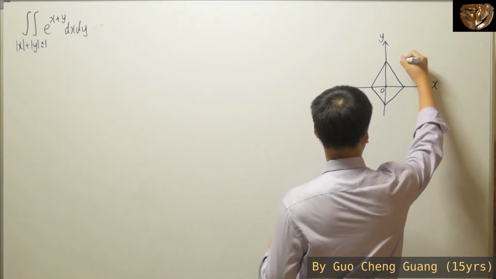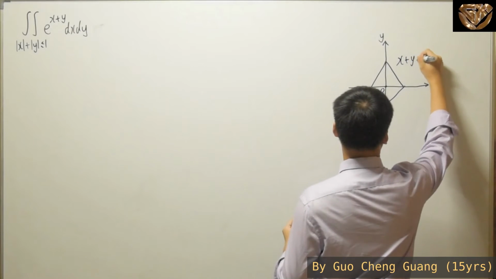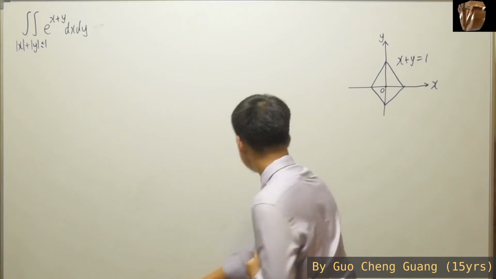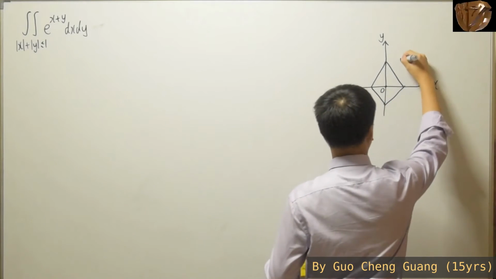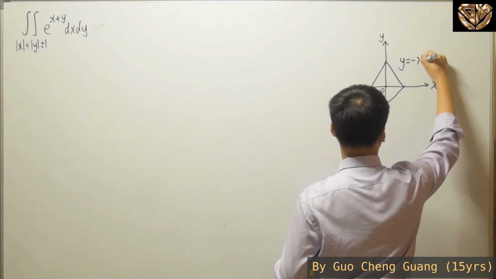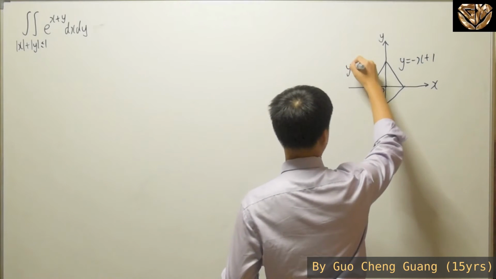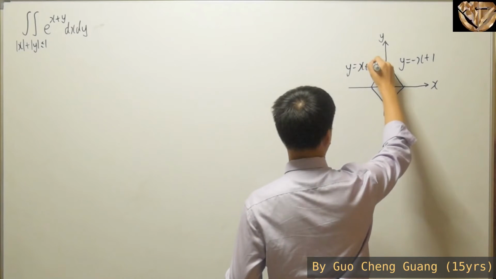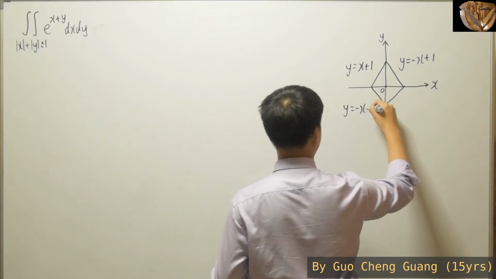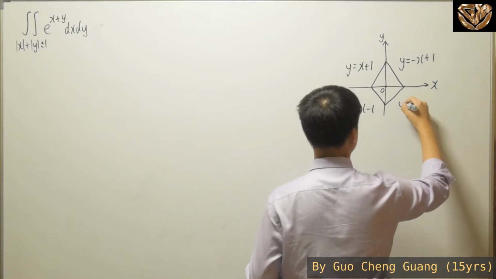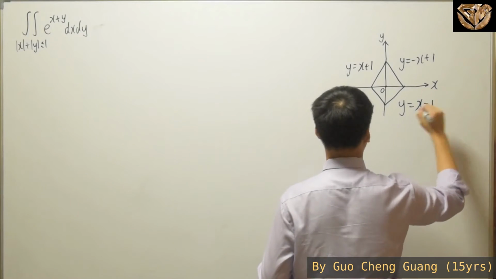For your first quadrant, that will be x plus y equals 1, or you could just write it as y equals negative x plus 1. For your second quadrant, you have y equals x plus 1, your third quadrant is y equals negative x minus 1, while your fourth quadrant is y equals x minus 1.